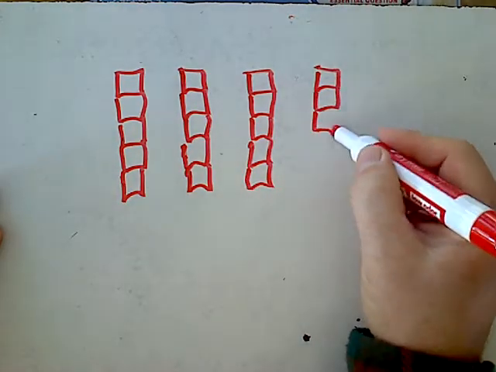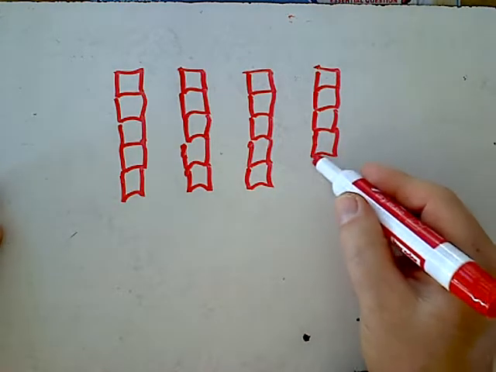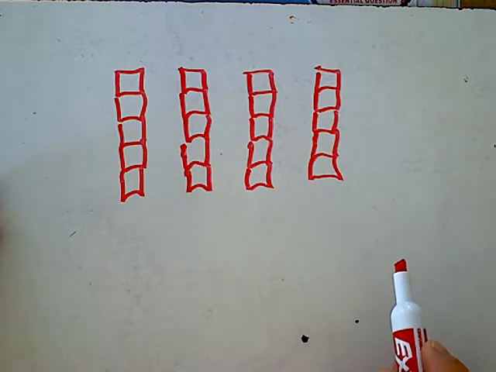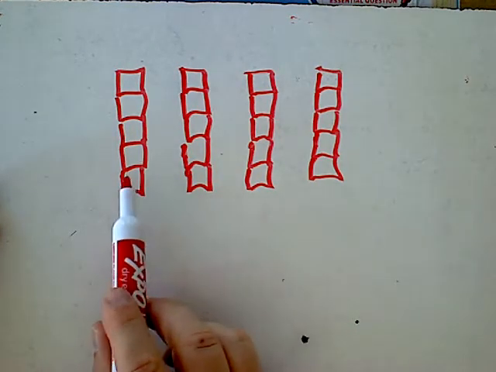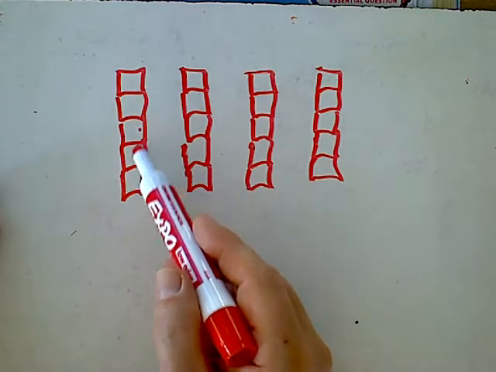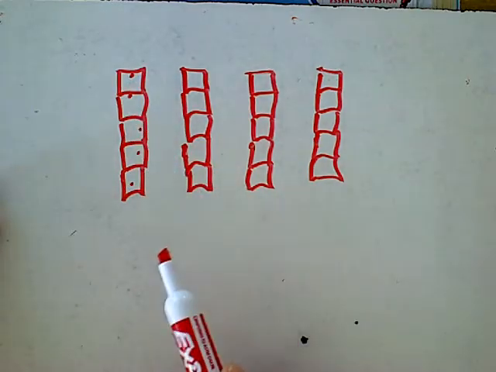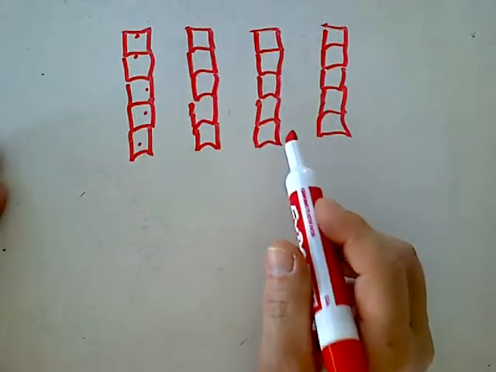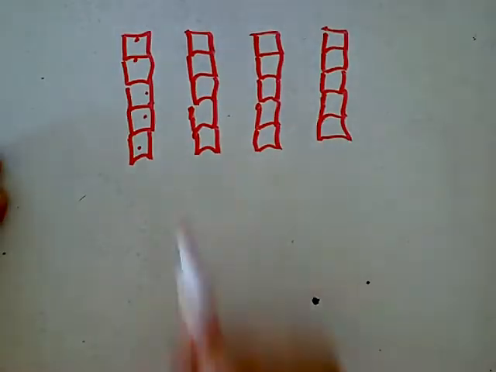Now, if I had my little blocks, that would have gone a little faster, but I know you guys didn't have them, so I didn't want to use the blocks if you didn't get to use them either. But there's my 1, 2, 3, 4 groups with 1, 2, 3, 4, 5 in each of my groups. So this would show a multiplication problem that we'll get to in a second.